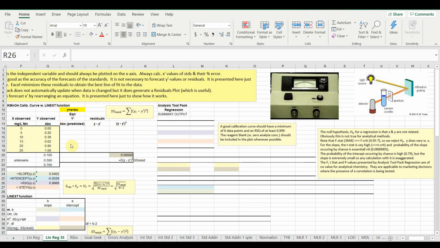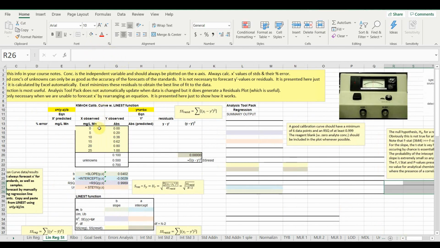Using this data, we want to perform linear regression on the standards and then forecast the concentrations of manganese in the steel samples. A good way to start is plotting a graph of absorbance versus concentration and fitting a linear trend line to it.